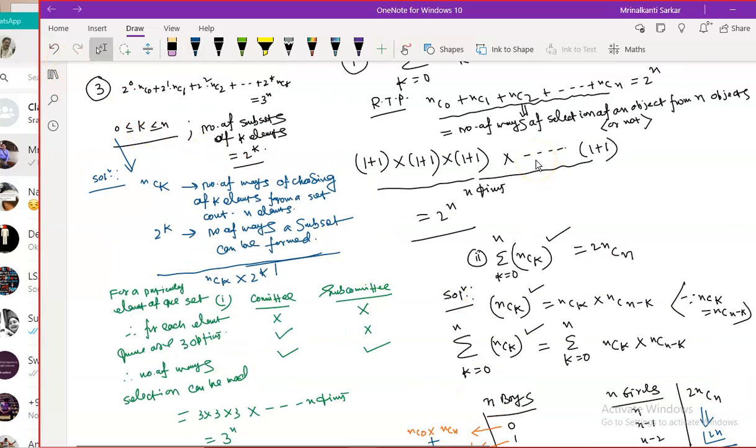So here the total number of ways of selection will be sigma k equal to 0 to n, nCk 2 to the power k.